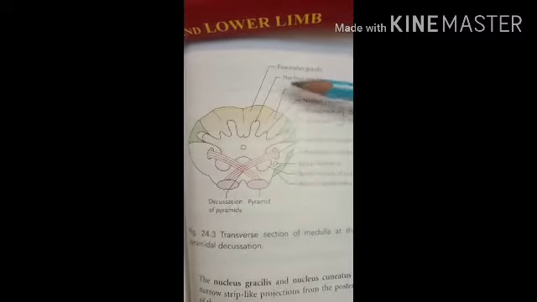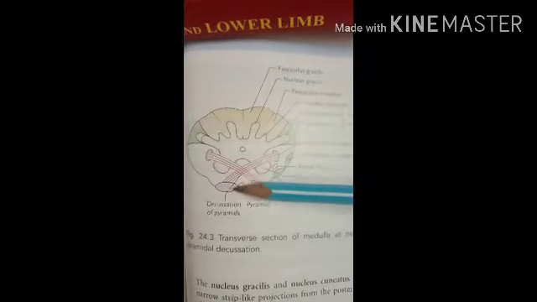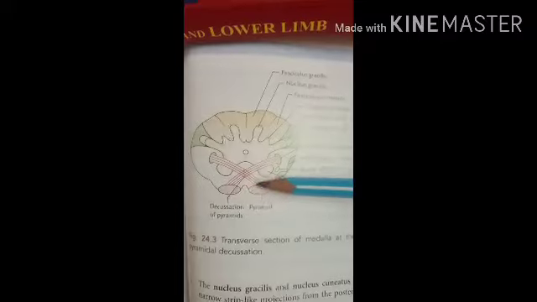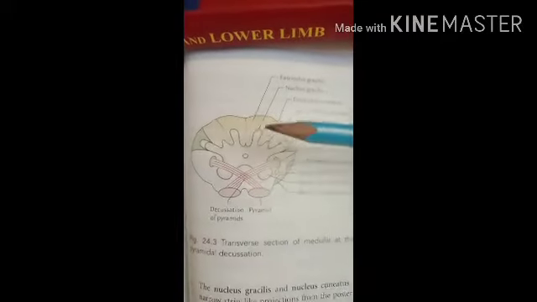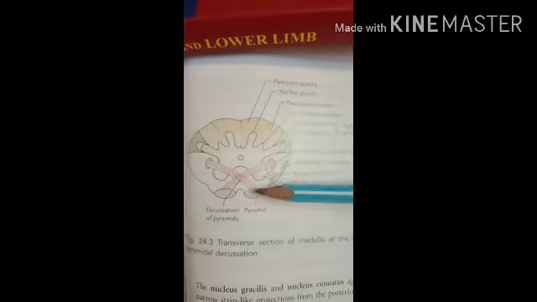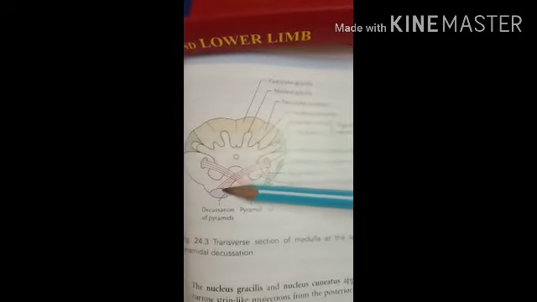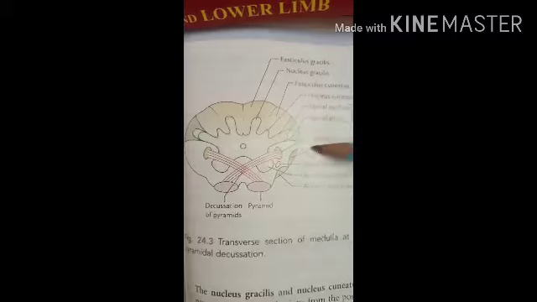In the white matter, anteriorly it shows the two pyramids. Then posterior to it is the decussation of the pyramidal tract.